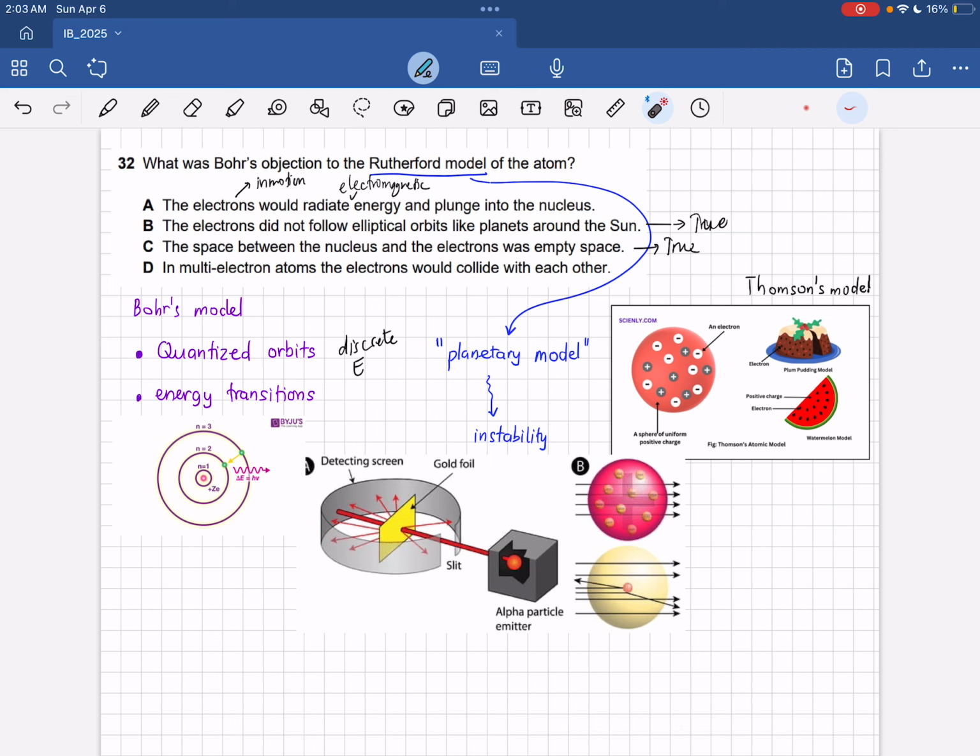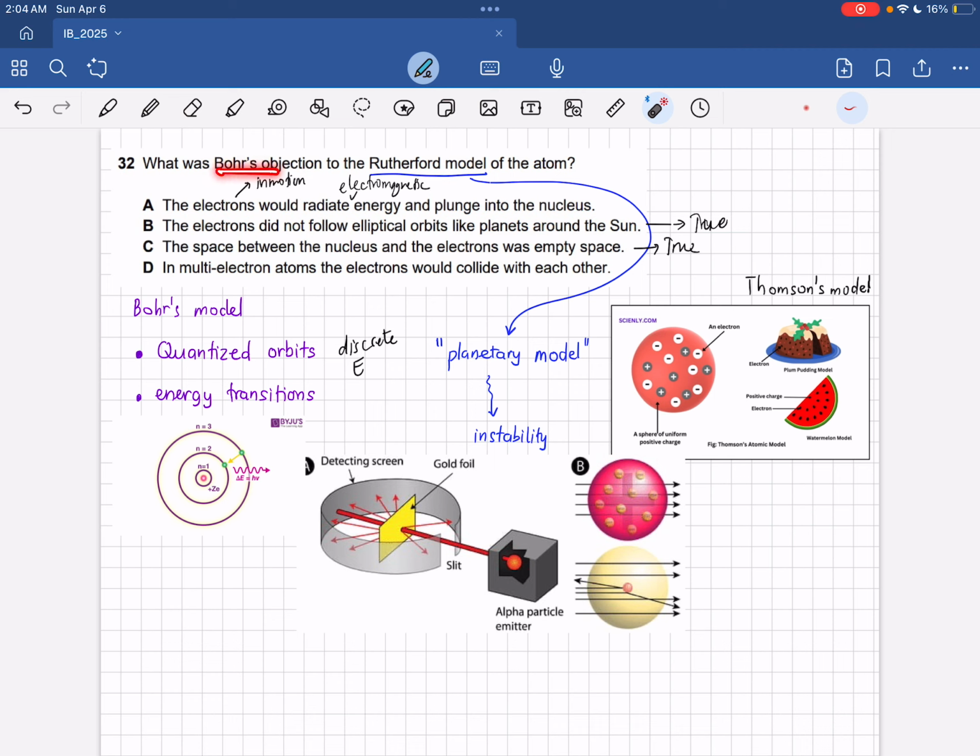Sounds good? So whenever you come across this kind of question, just remember the Thomson model is the pudding model, where the charge is distributed everywhere in a spherical atom. For Rutherford, there should be a nucleus at the center, and the electrons orbit around the nucleus just like planets around the sun, with space between the nucleus and the electron.